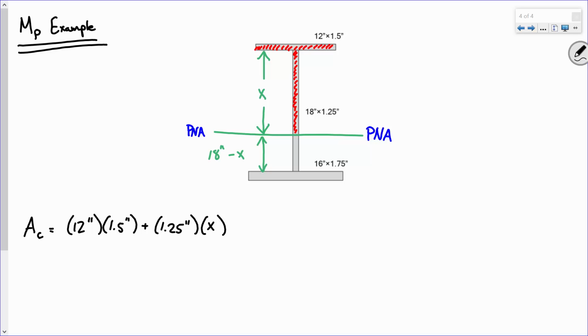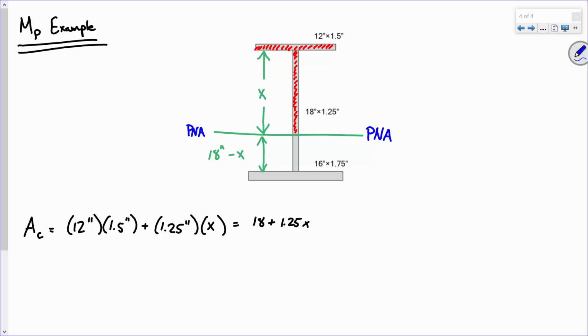Fair statement? What's 12 times 1.5? That's 18. Since everything's in inches, I'm going to be a little loose with that. So 18 plus 1.25x. Now that's the area in compression.